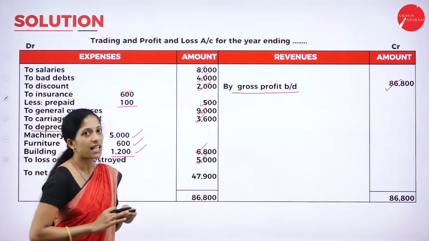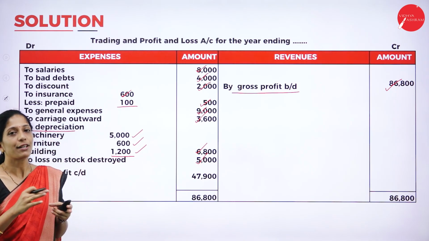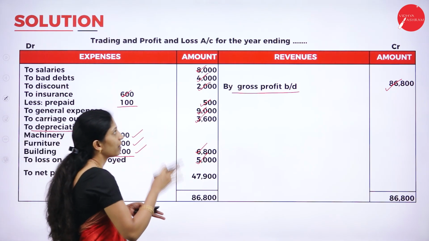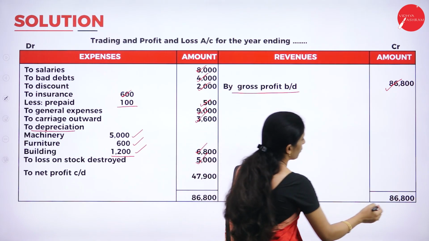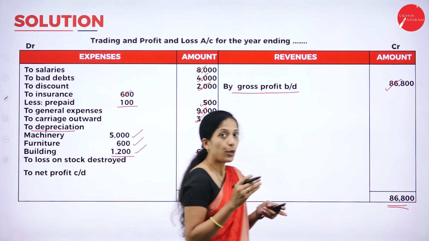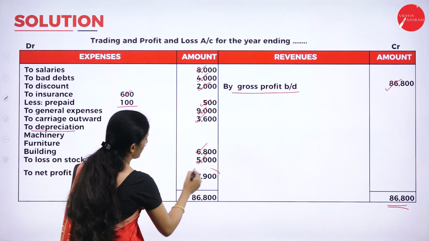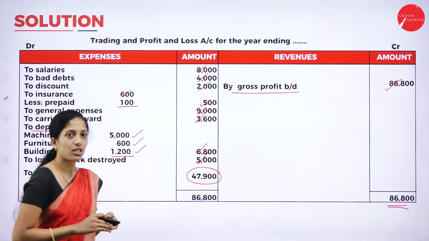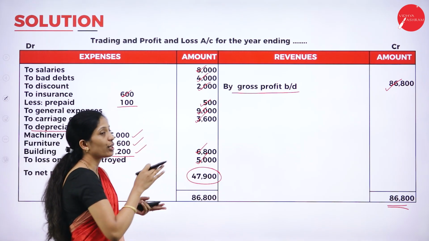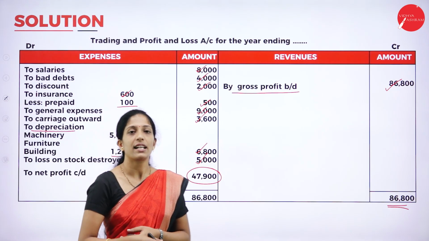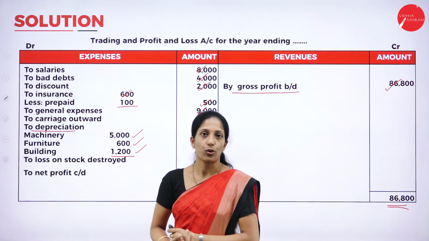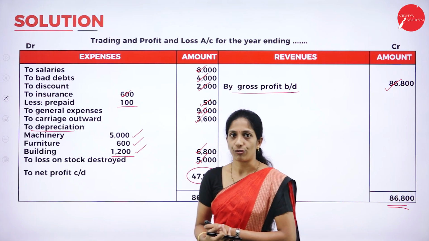Now, balance both the sides, balancing figure will be net profit or net loss. Now, if you add everything in the credit side, it will be 86,800, whereas in the debit side, you will get a balancing figure of 47,900. So, here also your credit side is more than debit side. So, the ultimate answer what you get is net profit.